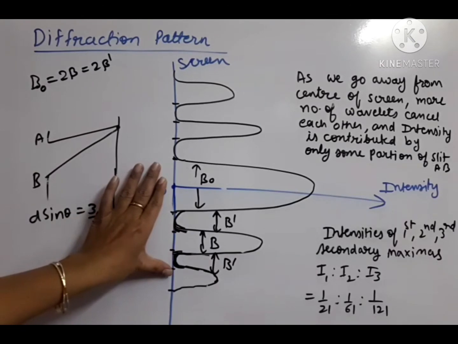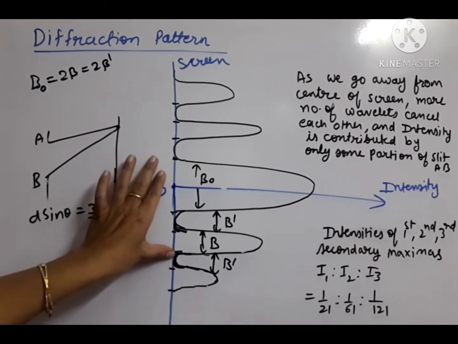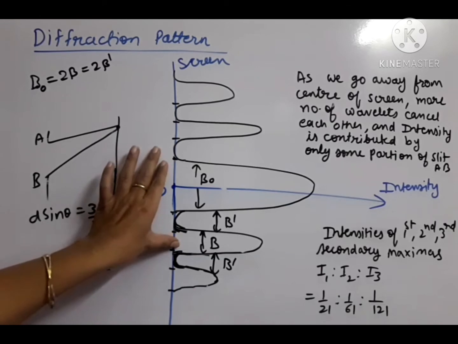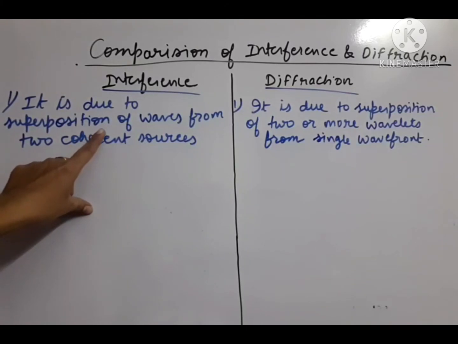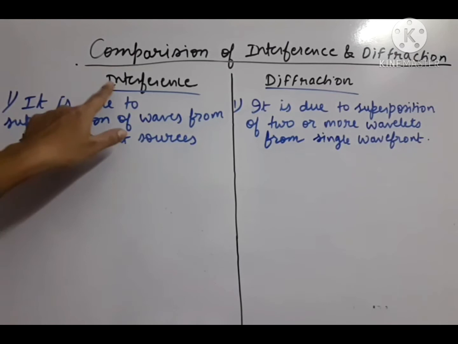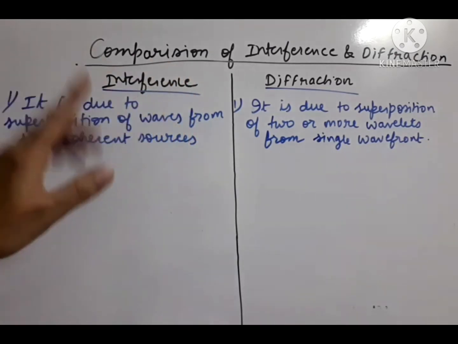After understanding completely the interference and diffraction patterns and conditions, we need to compare interference and diffraction phenomena and pattern in a table. Note down all this. First of all, phenomena-wise, what is the difference?